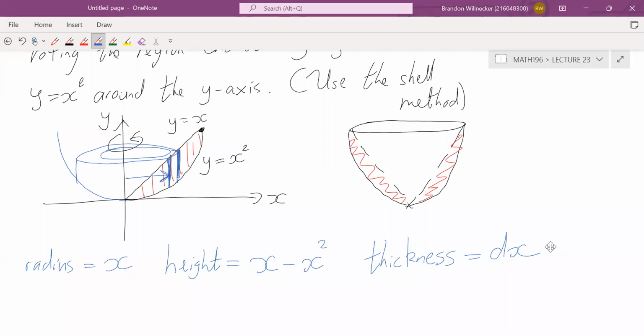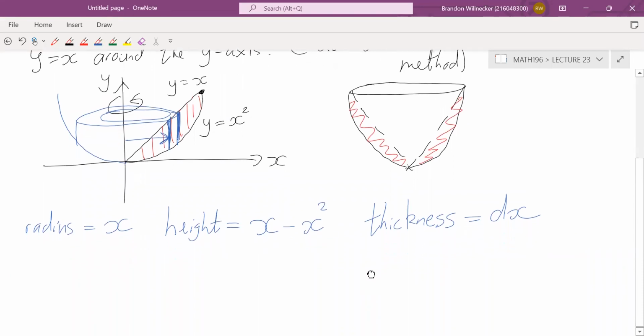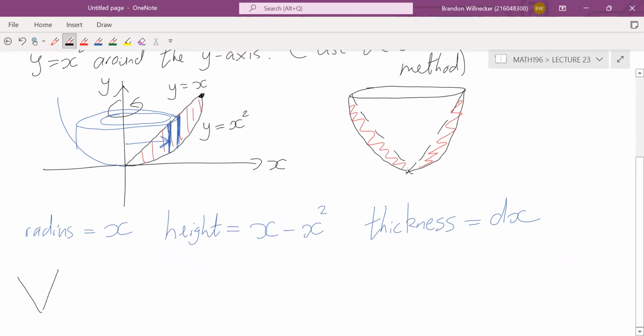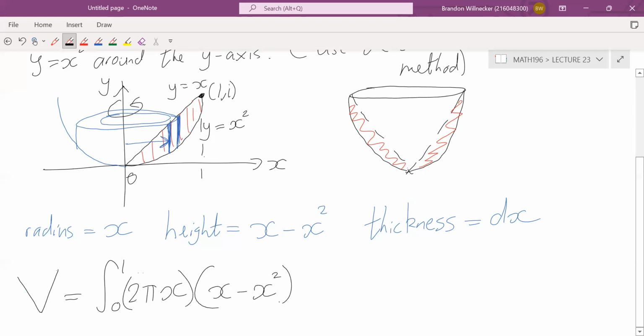Okay, so we've got the radius, we've got the height, we've got the thickness. We can then find the volume. The volume is going to be the integral from 0 to 1, because that's our bounds. That's 0, that's 1. We've done that lots of times now. So it's going to be 2 pi x, because that's the circumference. The height is going to be x minus x squared, upper function minus lower function.